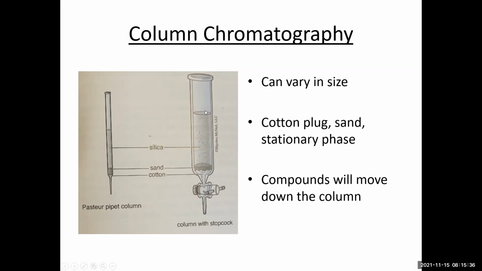And then a silica gel slurry will be added to this in order to get the stationary phase into the column. The compound is placed at the top of the column, and the solvent or eluent is used to push the compound through the column until it comes out the bottom of the column.